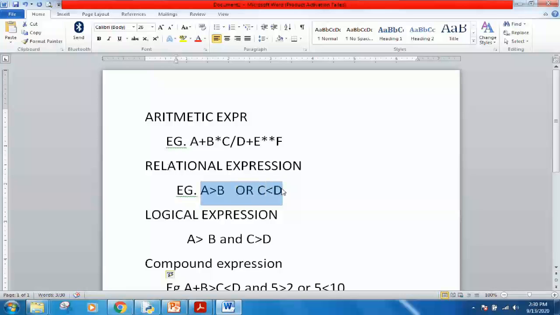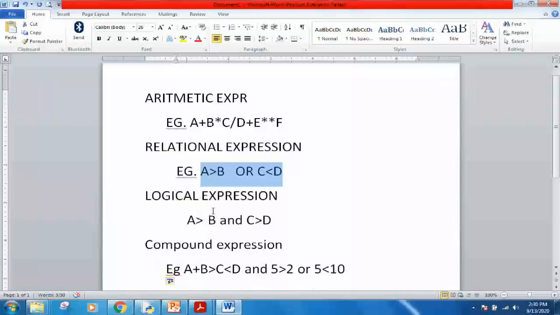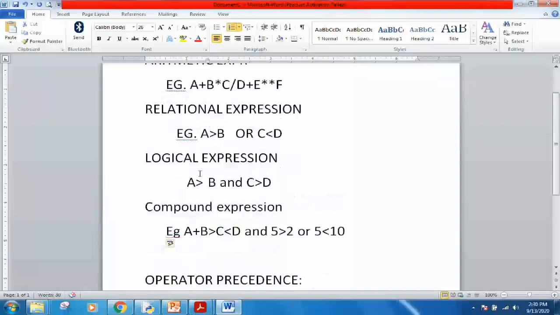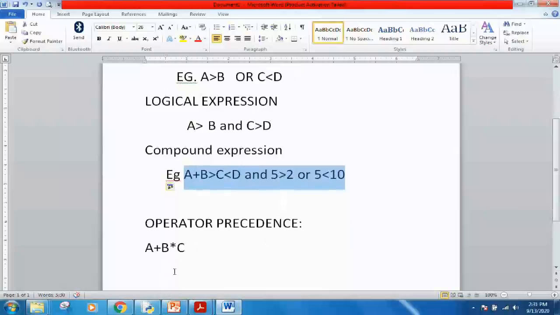It means the output of such expressions is always either of the Boolean literals, true or false. Logical expressions combine two or more relational expressions, so their result is also always a single true or false value. And whenever all three are present in a single expression, or any combination of them, then it is known as a compound expression.